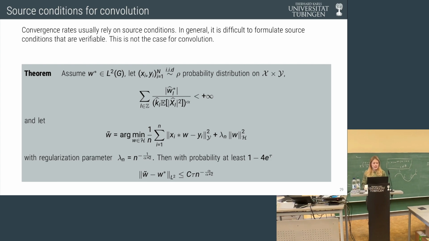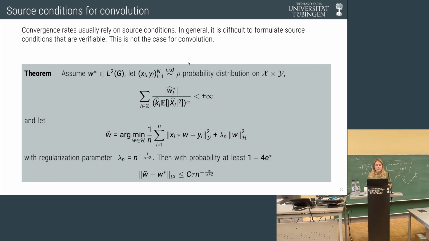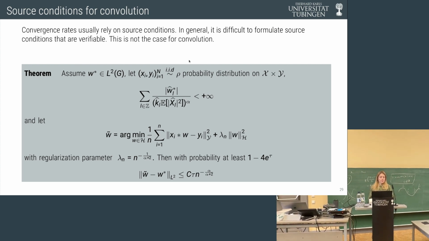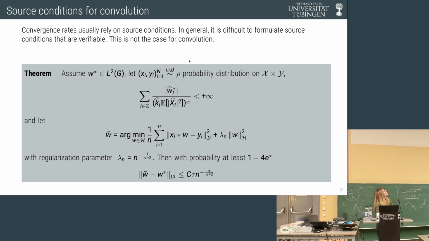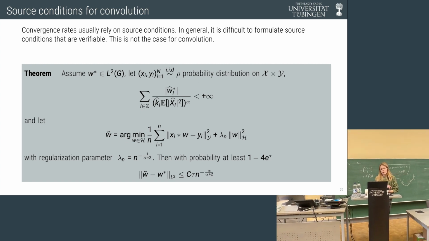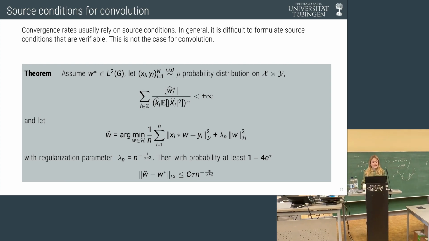OK, these are the last slides, and the main point that I want to make is, as I said, that usually convergence rates rely on source conditions, and they're in general very difficult to formulate and to verify. But in the case of convolutions, I can see them here.